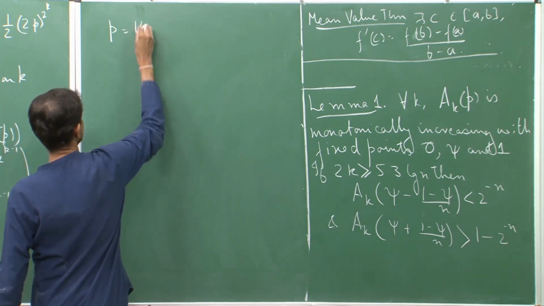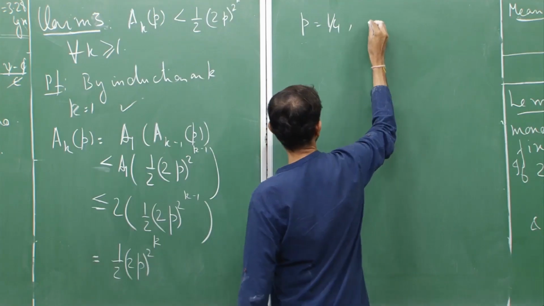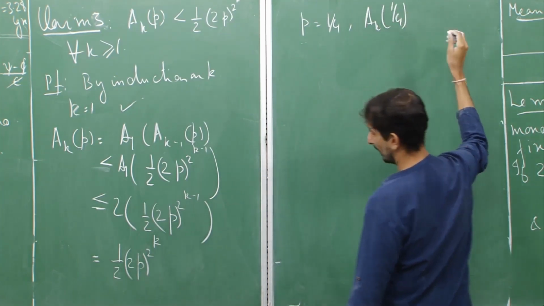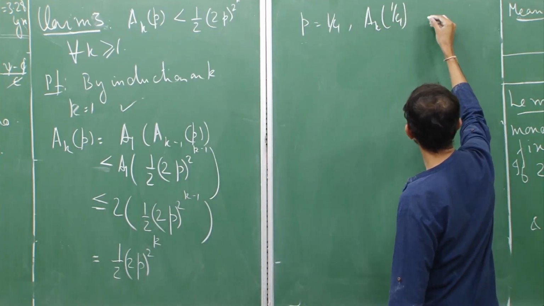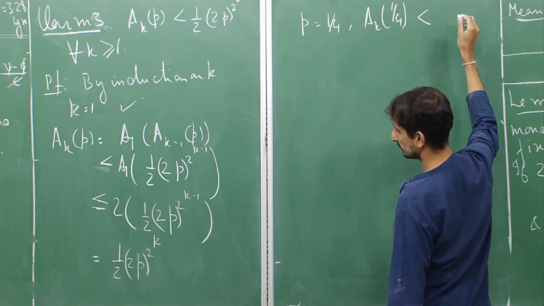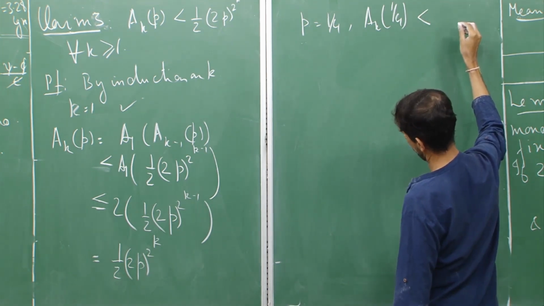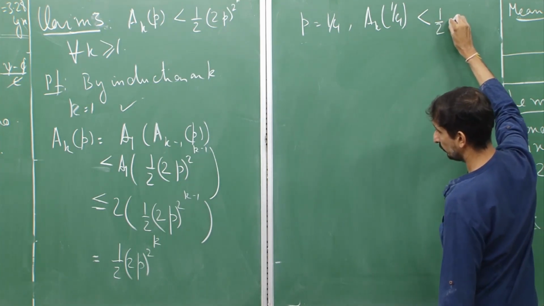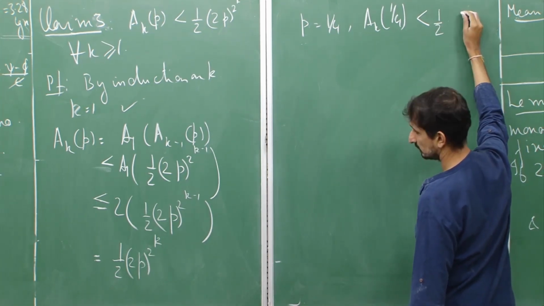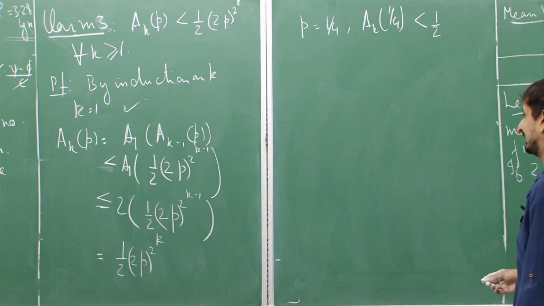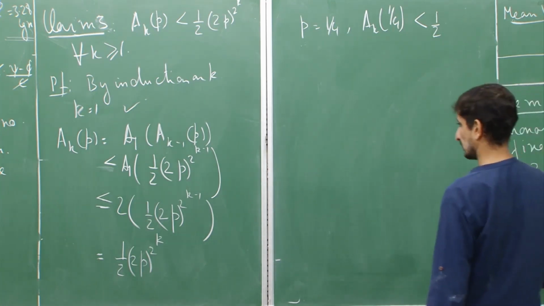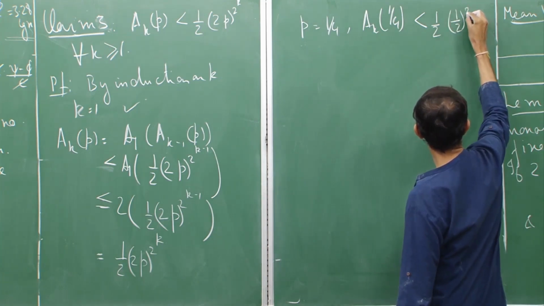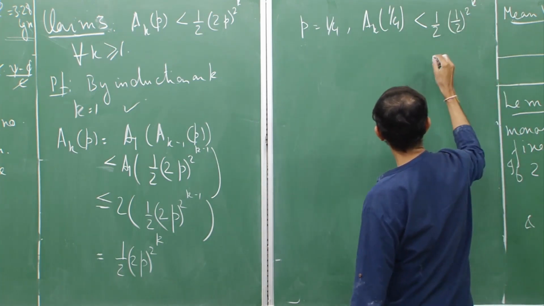If I take p as 1/4, what I get is A_k(1/4) is at most half, 2 times 1/4 is half, to the power 2 to the power k.